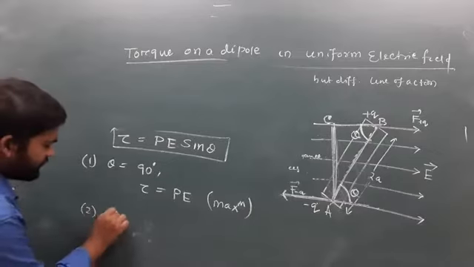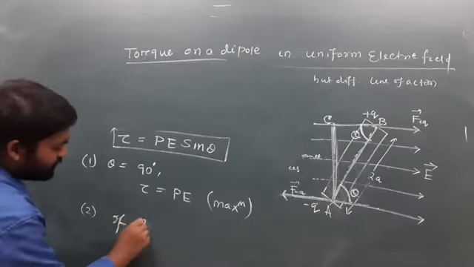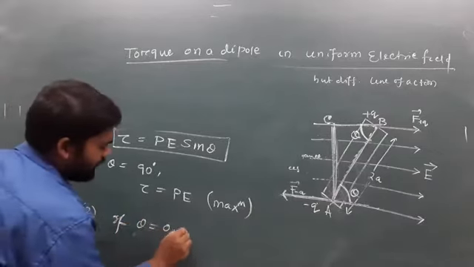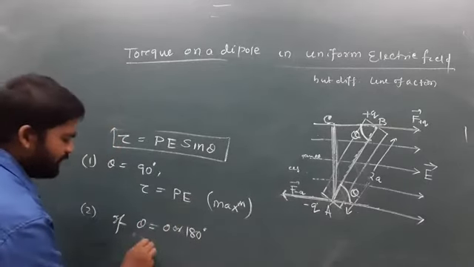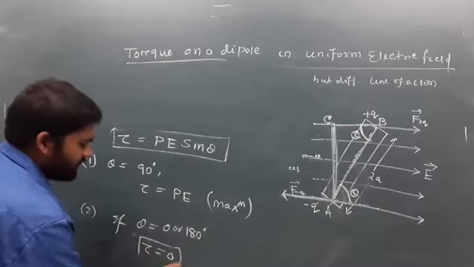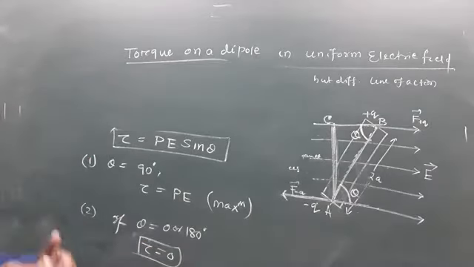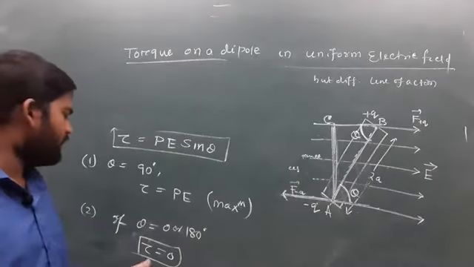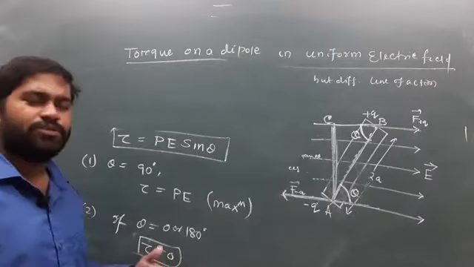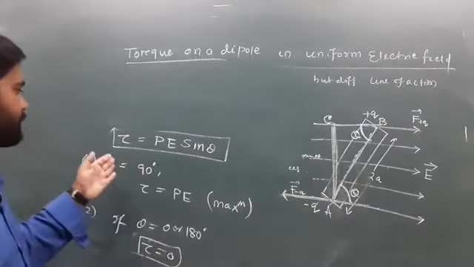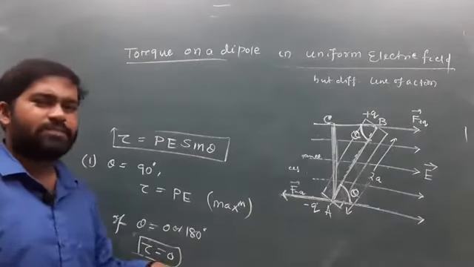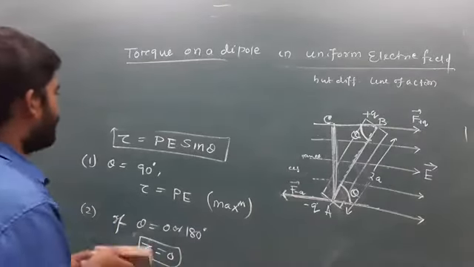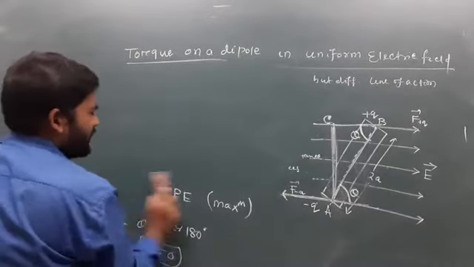However, if theta equals 0 or 180 degrees, in both cases torque will be 0. So if it is either parallel or anti-parallel to the field, it gives 0 torque.